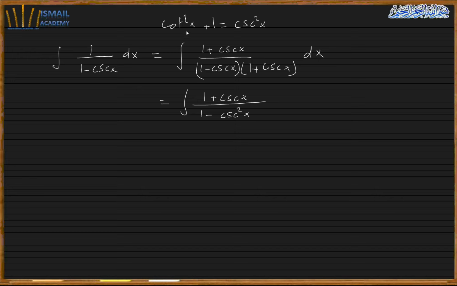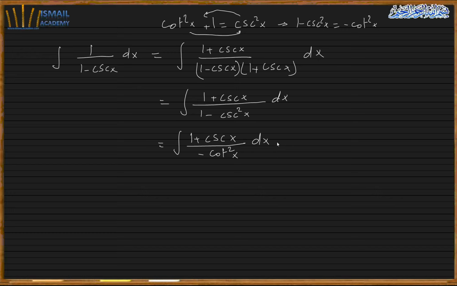if I move this one here, 1 minus cosecant square x will be minus cotangent square x. So here it will become the integral of (1 plus cosecant x) over (minus cotangent square x) dx.